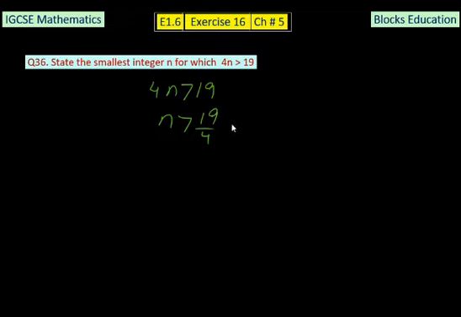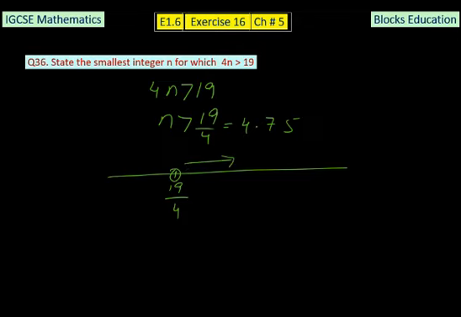19 over 4 is almost 4.75, right? So if you draw it on a real line, this is your 19 over 4. Greater than means this number is not included and you have to move towards the right side of 19 over 4 because n is greater than it. And then it says state the smallest integer n.